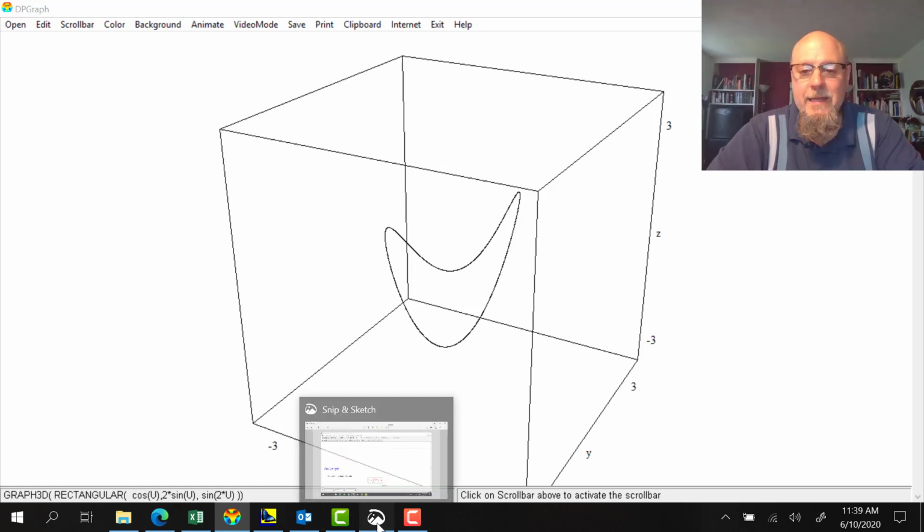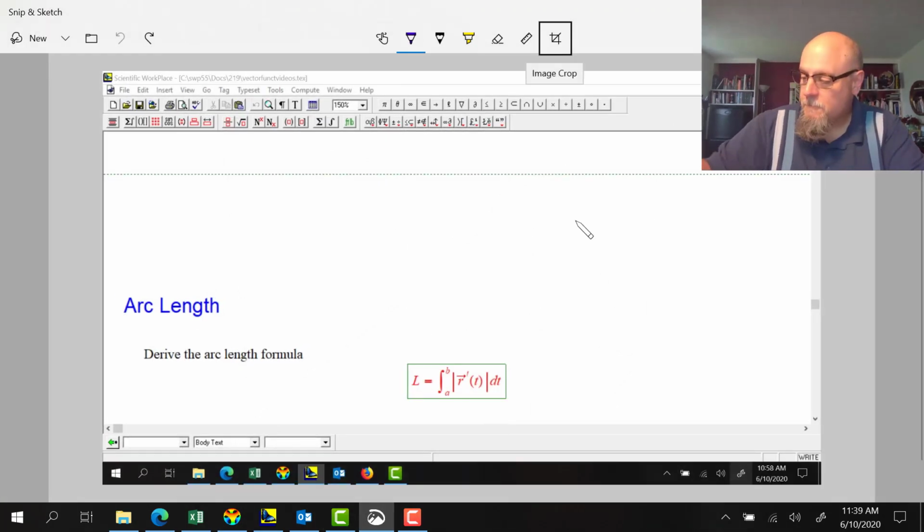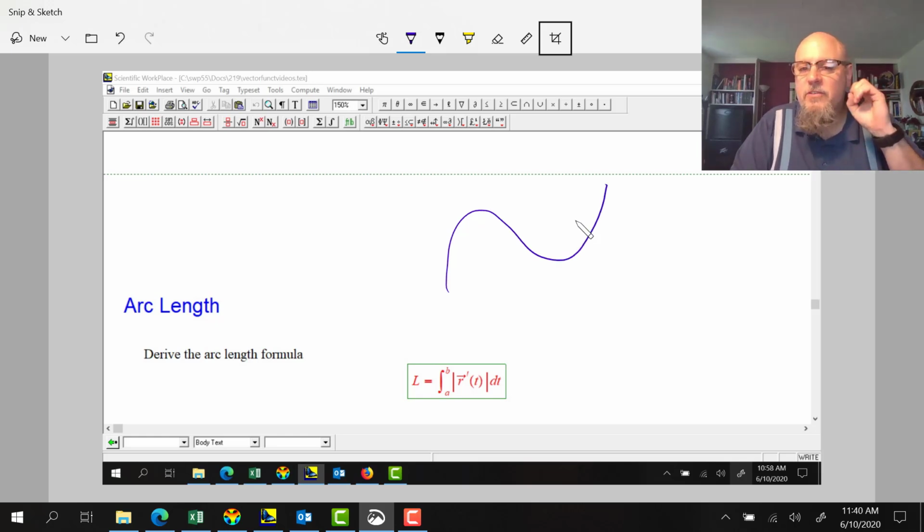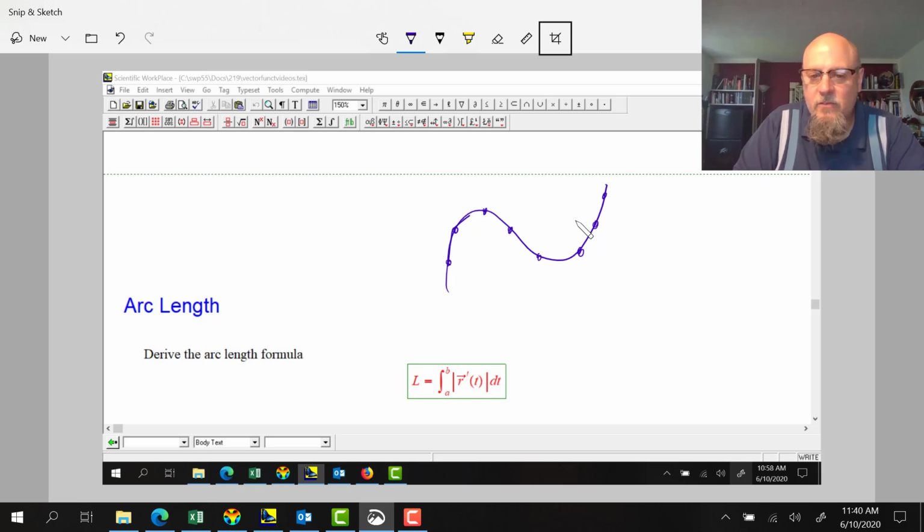And the way we're going to get to it is, if we think about a space curve like that, I'm going to take snapshots of it: where it is at time 1, where's the point at time 2, where's the point at time 3, etc. So we're going to discretize this curve by taking discrete times and then measuring the straight line distance between these points.